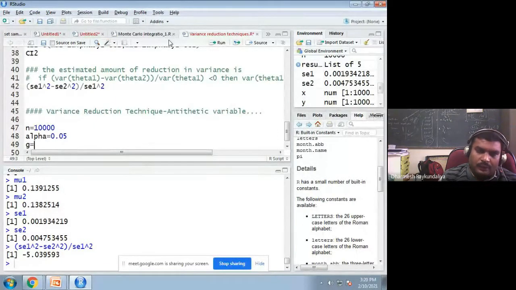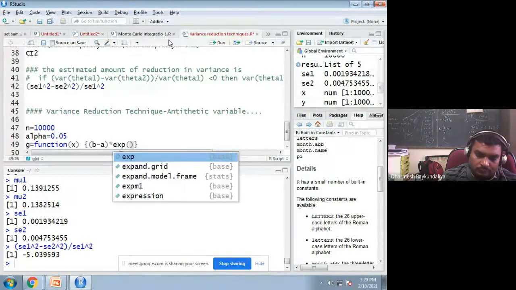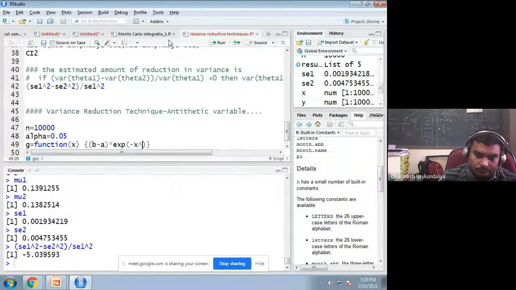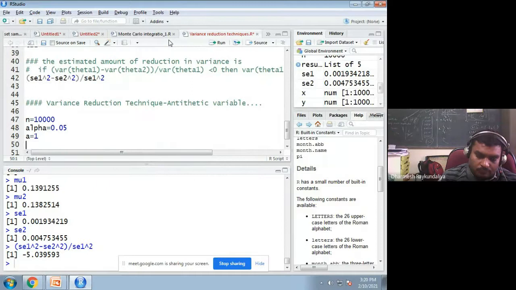Now I'm defining g as a function. What is the function? Inside the function itself I write it: it is a function of x, and it is (b minus a) into exponent of minus x square. OK, I can give a equal to 1, b equal to 3.